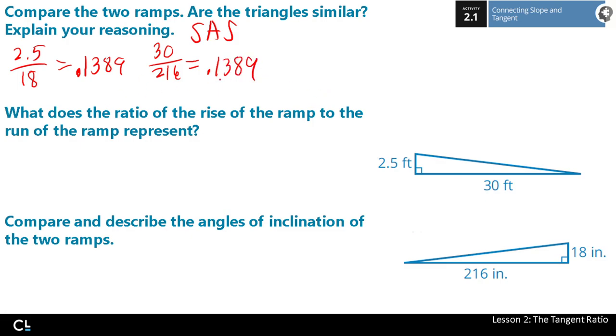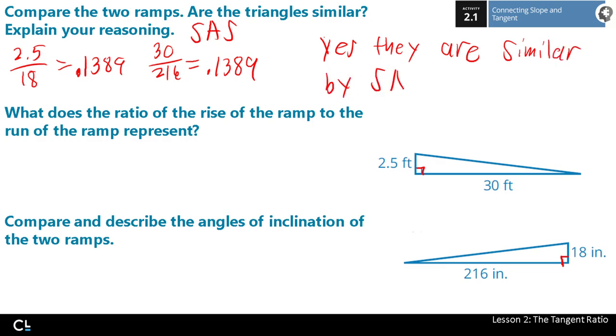So they're proportional. They equal the same thing. And then what do we know? We have these right angles in between them, which means they are congruent. So these triangles, yes, they are similar by side, angle, side.